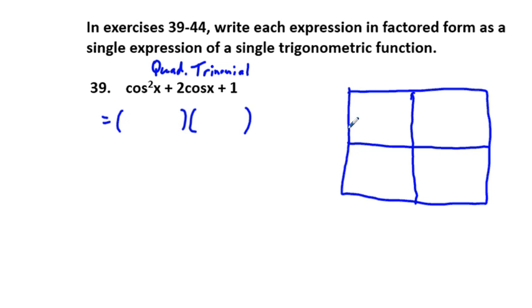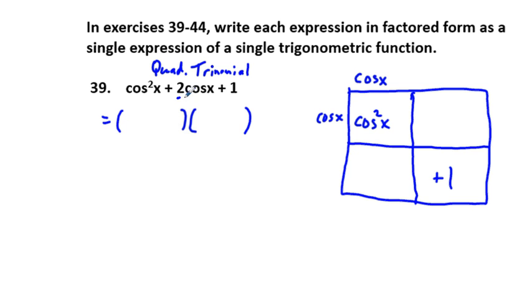In the upper left corner of the box, we put our first term, which is cosine squared x. That's our quadratic term. In the lower right, we put in our constant term, which is plus 1. What are the factors of cosine squared x? We have cosine x and cosine x. What are the factors of 1? They're going to be simply 1 times 1 or negative 1 times negative 1.